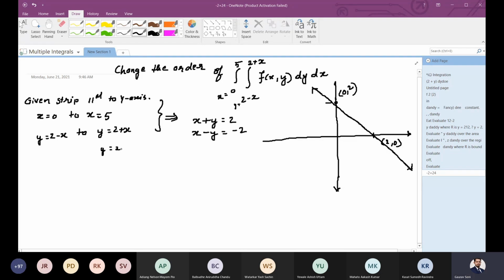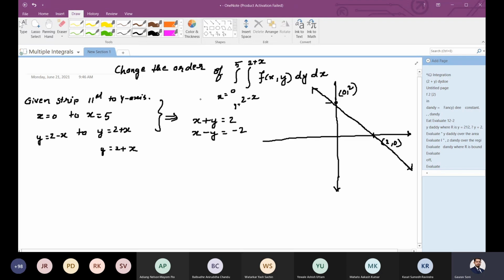Checking with y equal to 2 plus x, at x equal to 0, fine, it is correct.